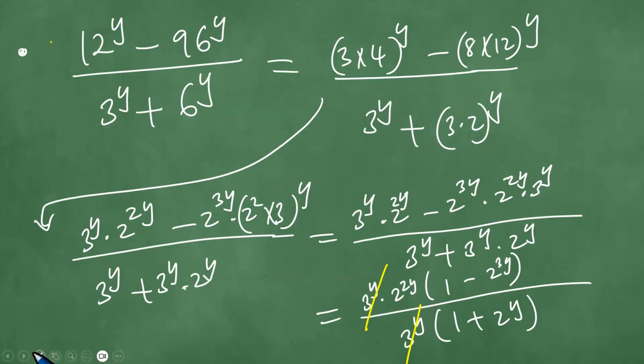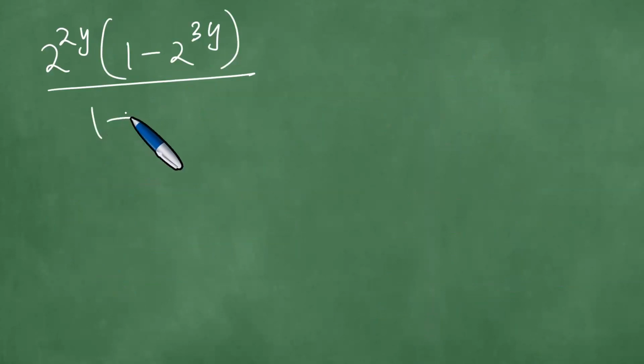In the denominator, 3 to the y times 1 plus 2 to the power y. These are bases and powers.